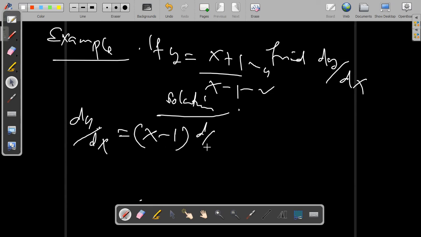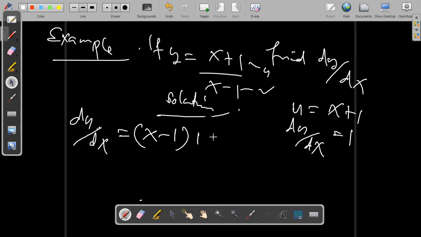Then we take du over dx, and we multiply it by v. When we multiply by du over dx, we take u, which is x plus 1, and the derivative of u with respect to x, which gives you 1.